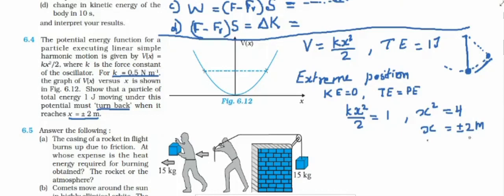That means when the displacement is plus or minus 2 meter, the body turns back. That is what you are asked to prove. So that's about question 4.